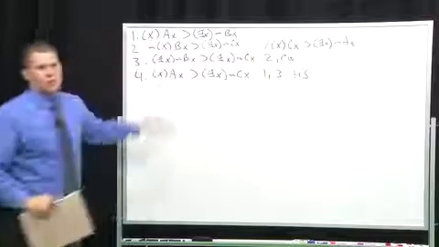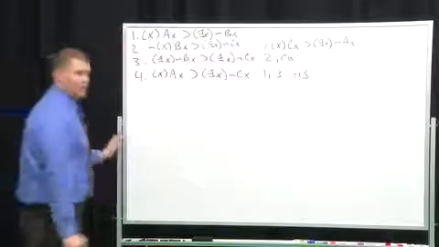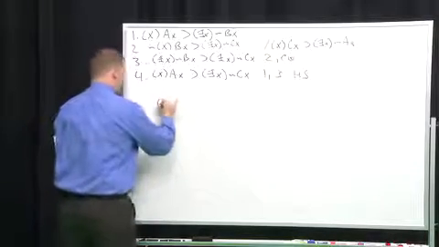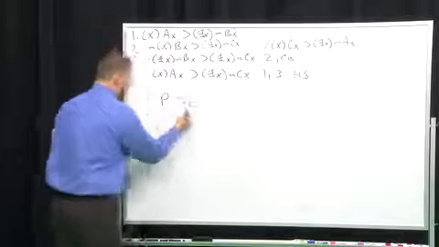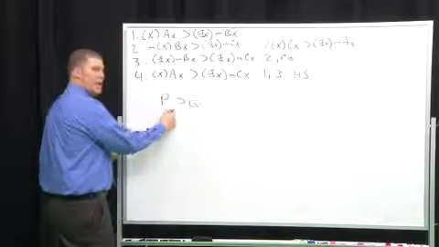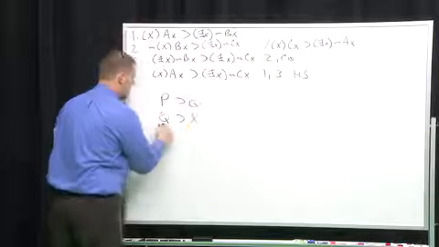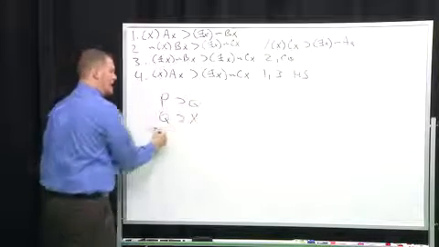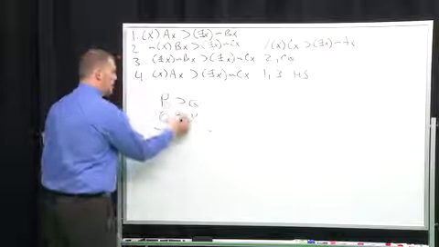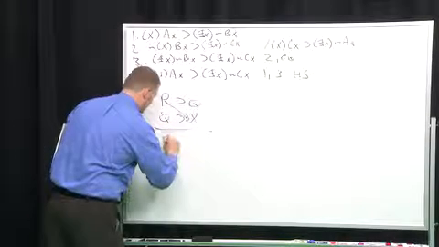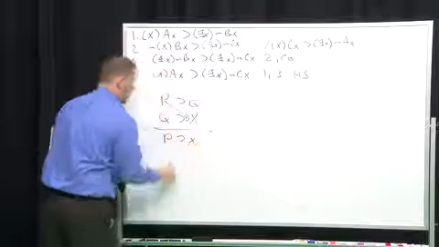So just to make sure it's clear, let's talk about hypothetical syllogism again for a second. Remember how hypothetical syllogism works. If I have a P, then I have a Q. If I have a Q, then I have an X. That lets me know that if I have a P, then I have an X. Okay?